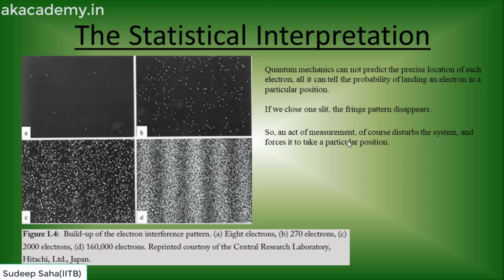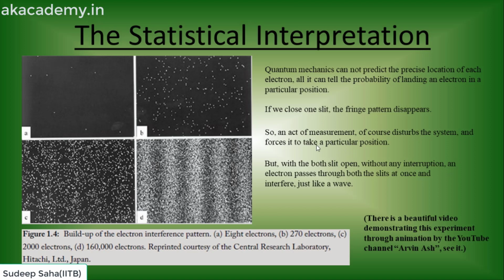So what if we do not interfere with the system? If both slits are open, the electron as a wave passes through both slits and interferes with itself and gives us a pattern like this, just like a wave.